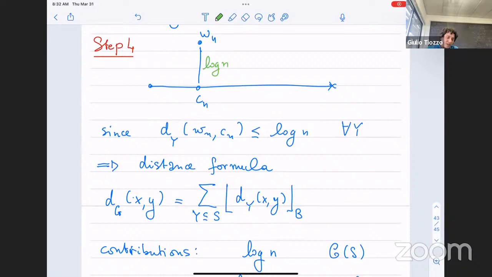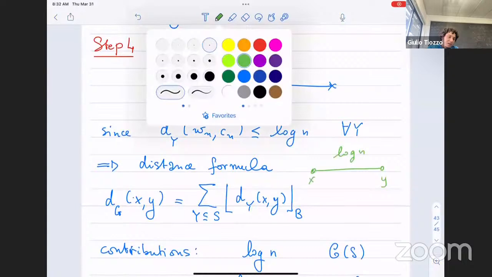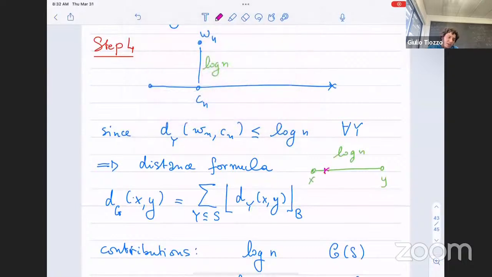So if you make logarithmic progress from x to y, so suppose this is log n, you can be close to logarithmically many subsurfaces, y1, y2, and so on up to y log n. And so you can make progress in these ones.